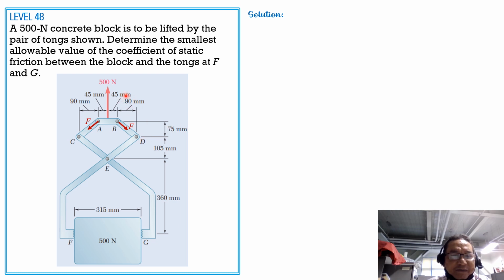So again, summation forces Y equals 0: 500 equals 2 times F times 75 over square root of 75 square plus 90 square. So from there we can solve for F, and F is equal to 50 square root of 61 newtons.